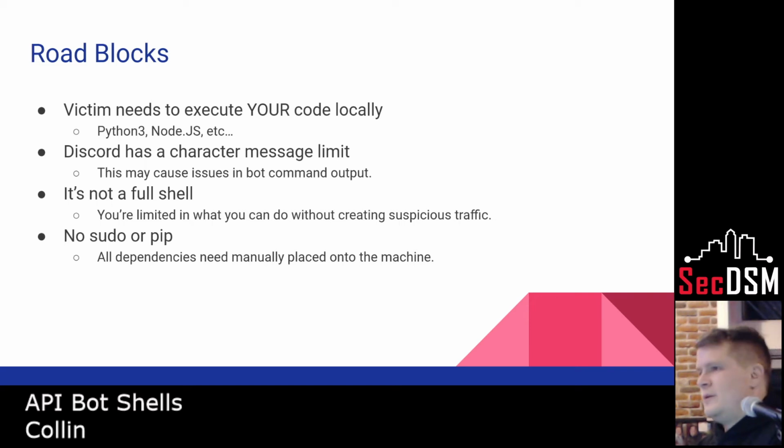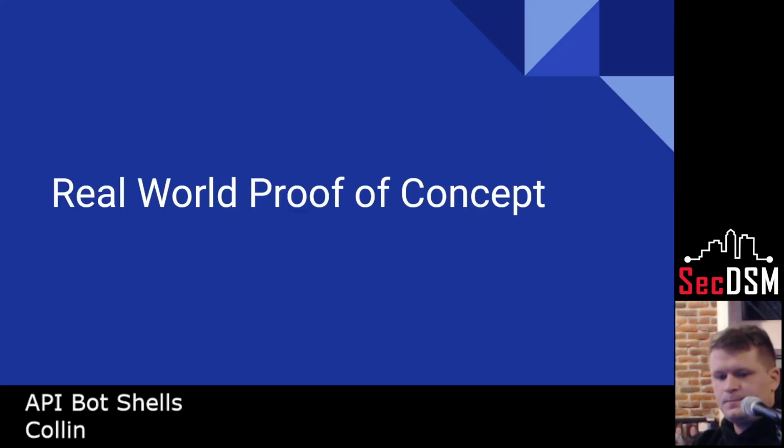You're not going to be able to run enumeration tools or get a ton of output, but you can pivot into that stuff. You also have no access to sudo or pip. The idea was you're at user level access. You've phished somebody. You're in the company. You get out using, for example, Teams or Slack, if your business uses those, and this traffic is masked as that.